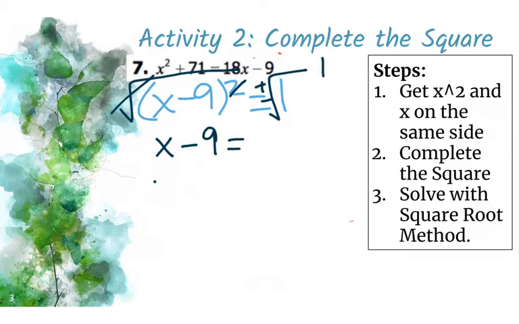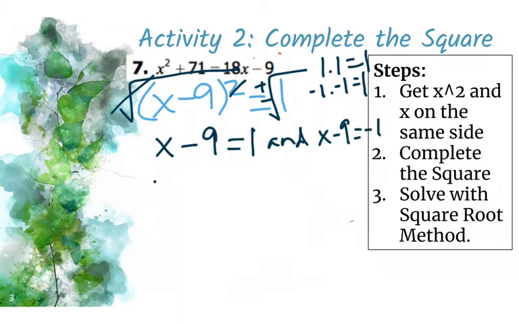And -1 times -1 is also that same +1, right? So x minus 9 can equal 1, and x minus 9 can equal -1. All right. So remember, the x minus 9s don't change at all. Only thing changing is a +1 and a -1.